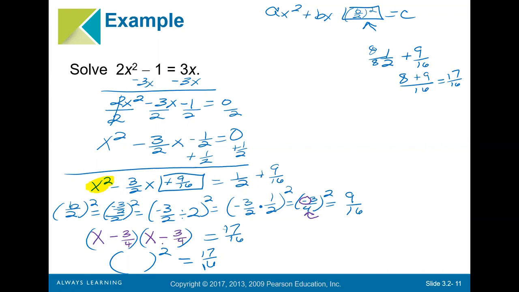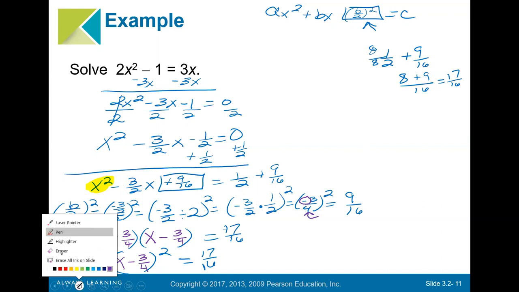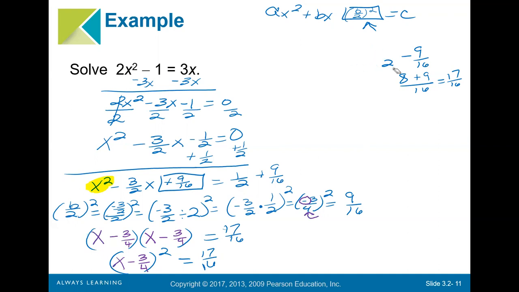Well, if you notice that the binomials are identical, and there's 2 of them, so I can rewrite them where they're raised to the square power. I'm going to clean up this other side, and now let's use the square root method. All right.